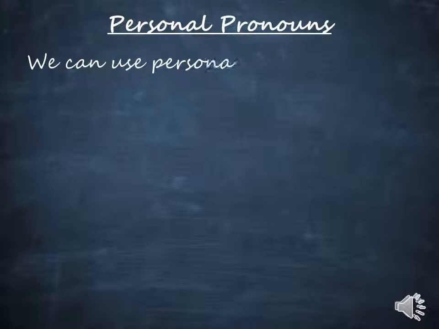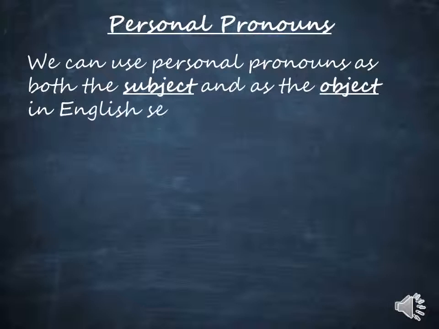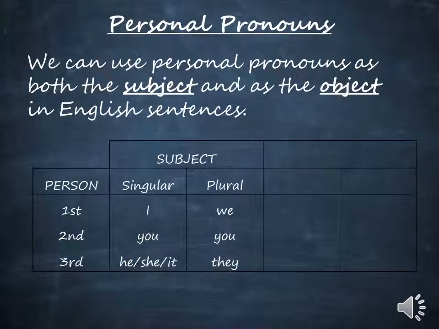Now, let's have a little bit of a look at the grammar of personal pronouns. We can use personal pronouns as both the subject and the object in English sentences, and they take a slightly different form depending on whether they're the subject or the object. Now, personal pronouns can also have three persons.